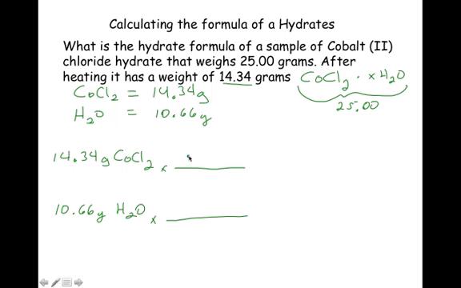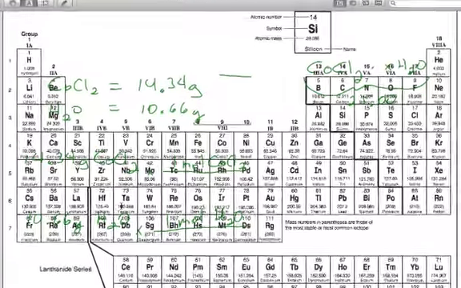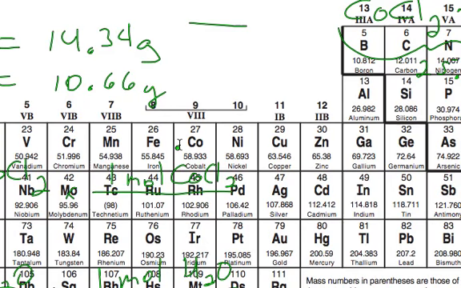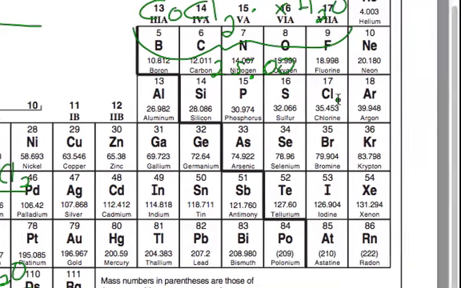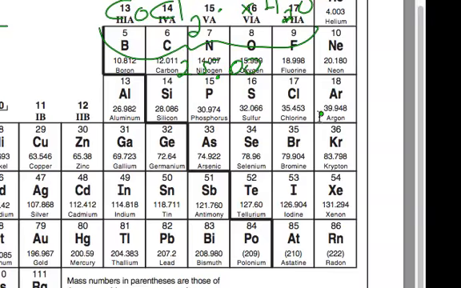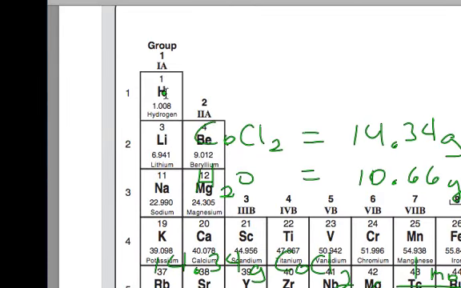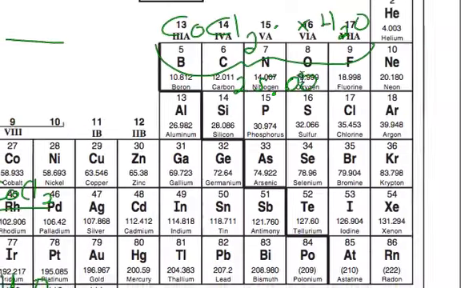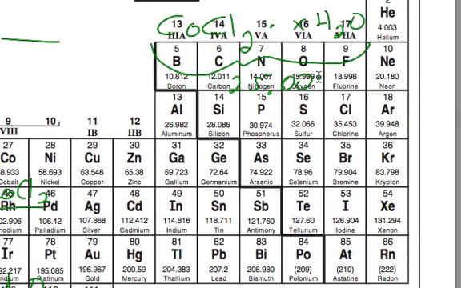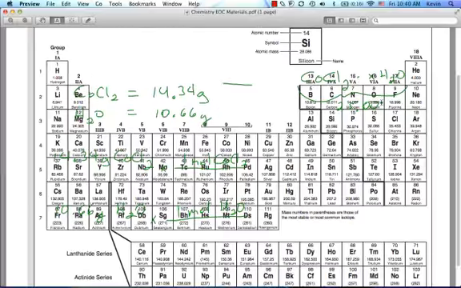So in that, we're going to put a mole of CoCl2 on top, and a mole of water on top here. And then we need the molar masses. Cobalt's molar mass is right here, 58.993. Chlorine, right there, 35.453. The hydrogen, 1.008 or 1.0079. The oxygen, 15.999. You'll probably have those two memorized by now.